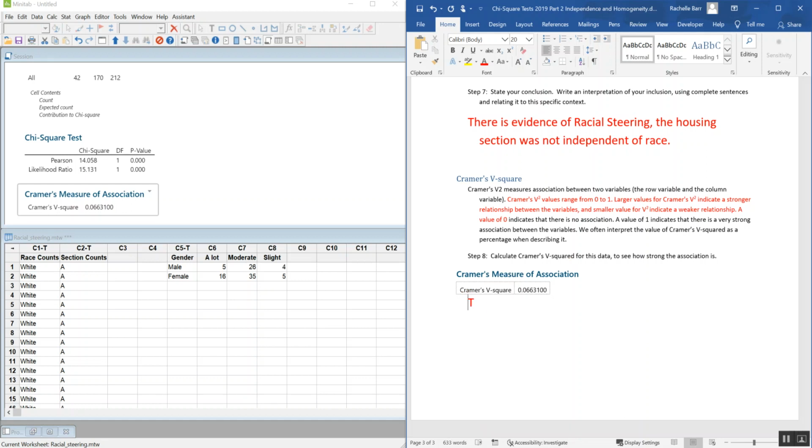So the relationship is not very strong, with only a 6.63% Cramer's V. So it's not very strong, but it is a relationship.